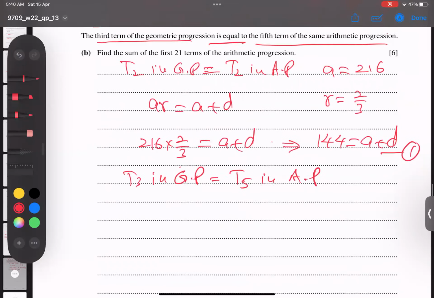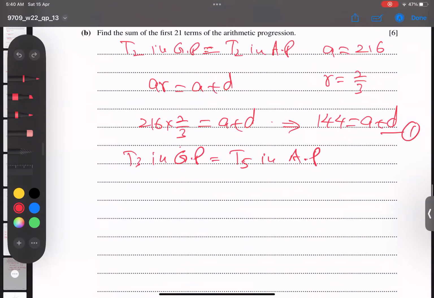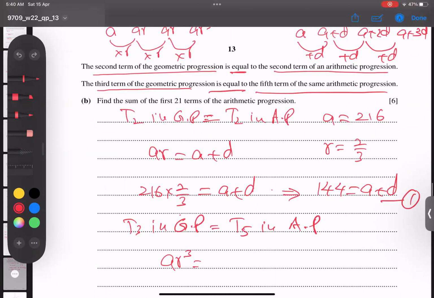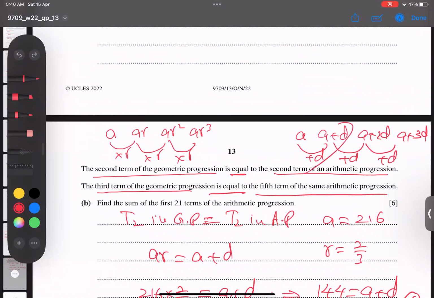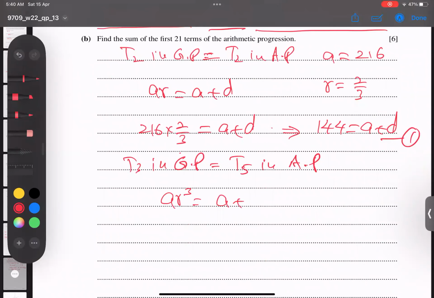How to find the third term of GP is again GP first term, second term, third term. So AR to the power 2. How to get the fifth term of AP? I think the formula is very clear. If I have the second term, I have a single D, third term 2D, fourth term 3D, always one number less. So I can say A plus 4D. I believe nothing hard here, but these values we can use here.